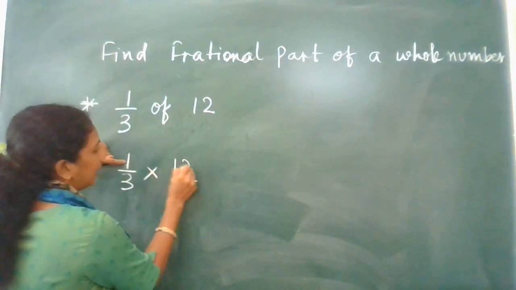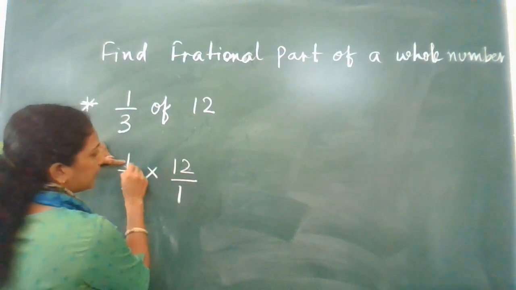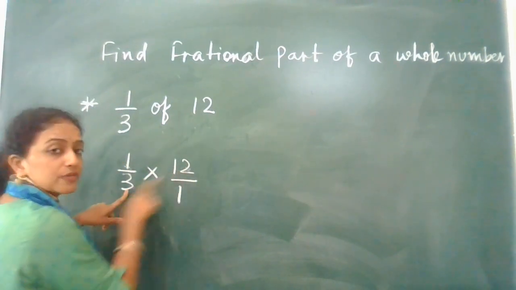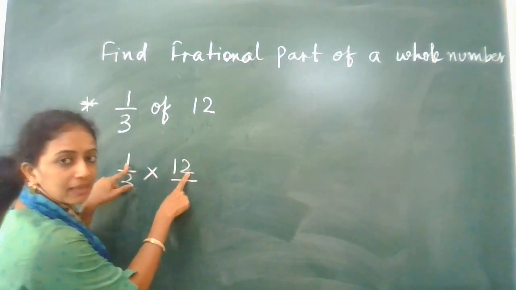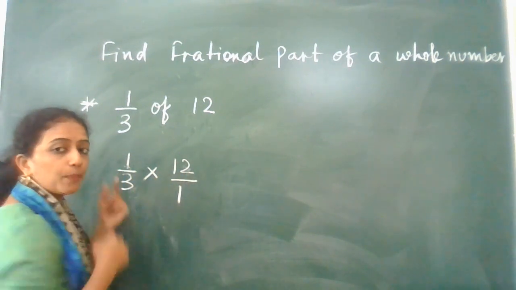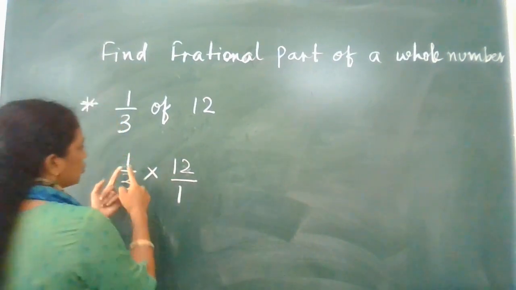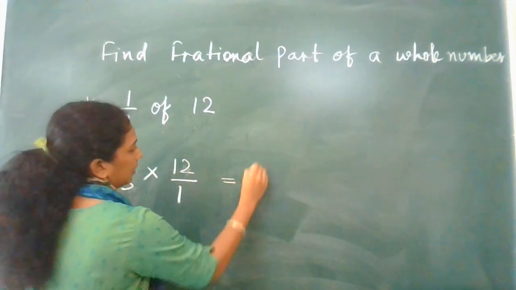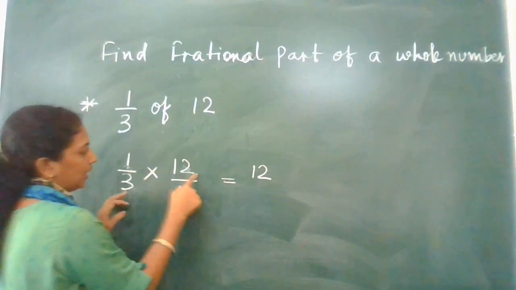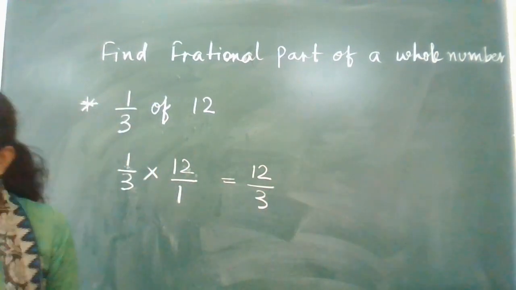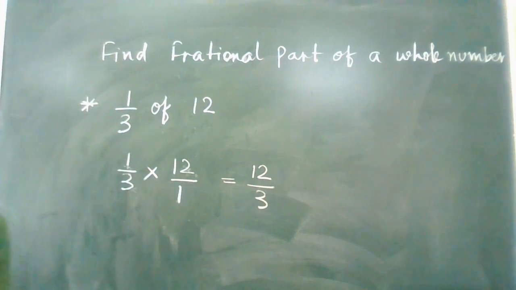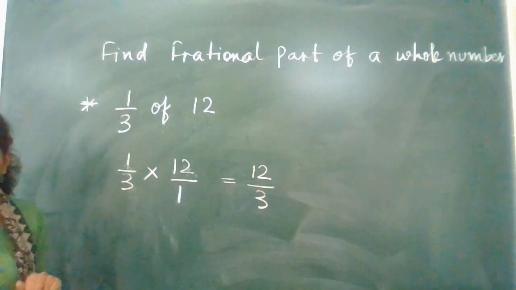So this is 12 over 1, and this will multiply. Always remember, opposite will divide, similar will multiply. So 12 ones are 12, and 3 ones are 3.